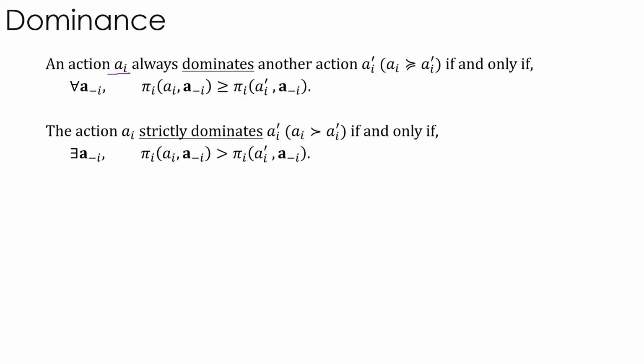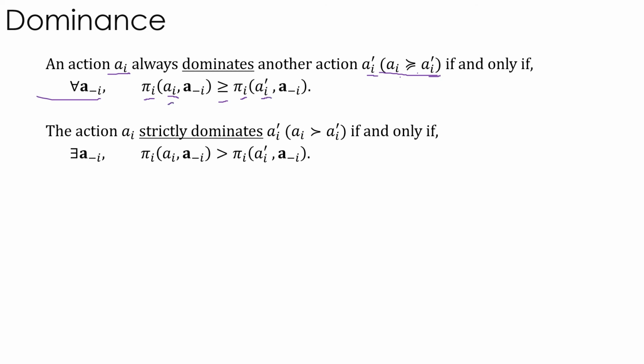So this action a_i dominates another action a prime i, written in this manner: a_i dominates a prime i if and only if for all a negative i, that is, all possible joint actions of the remaining agents except agent i, the payoff of agent i when it plays a_i is always greater than or equal to the payoff when it plays a prime i.